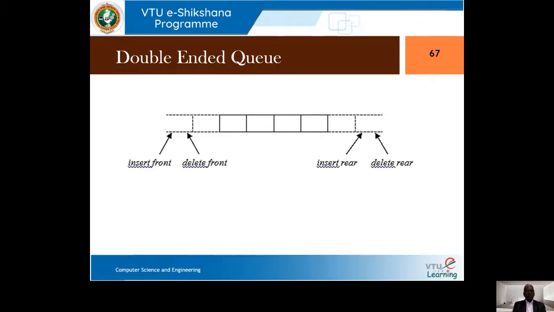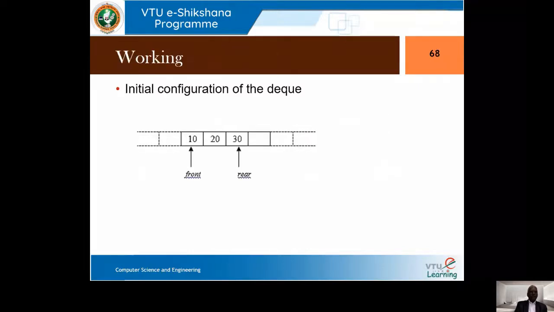You can see the dotted lines indicate that it's a folded one, so the thick one is the actual one. The front pointer and the rear pointer, again we maintain two pointers here, may move on either end. So that's what we are going to study in the subsequent slides.